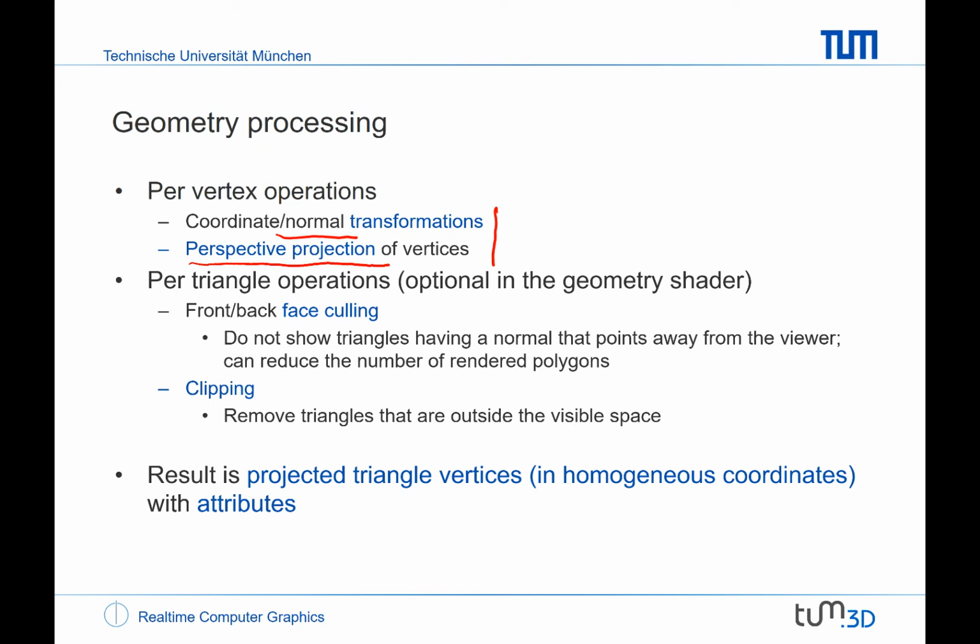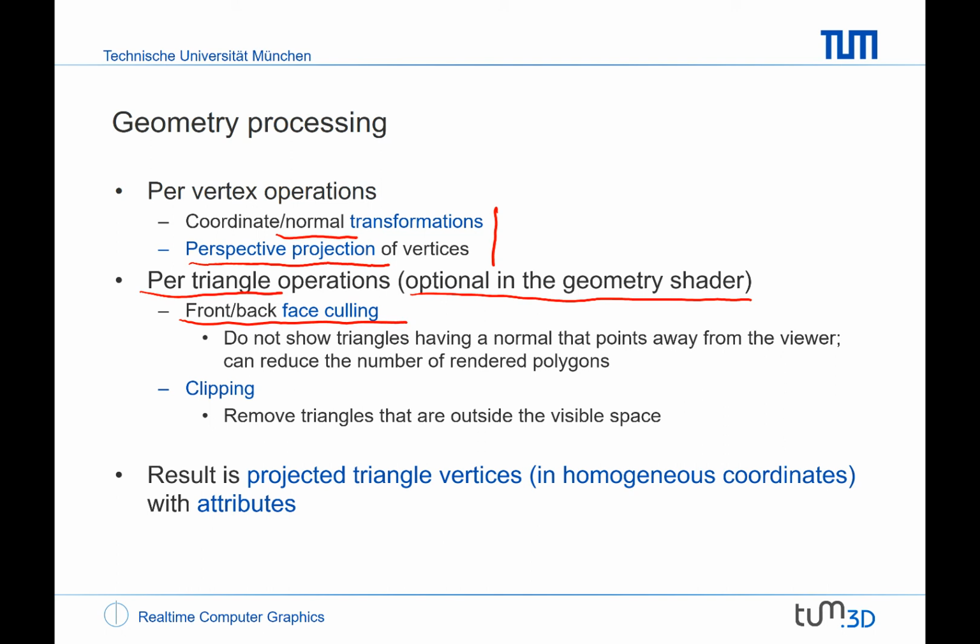There are also other operations, in particular being performed on the triangles, and they can optionally be carried out in the geometry shader stage, the shader stage which comes after the vertex shader stage. And let me just emphasize 2 specific operations here which are useful and which are often carried out in this geometry shader stage. The first of them is what we call front or back face culling.